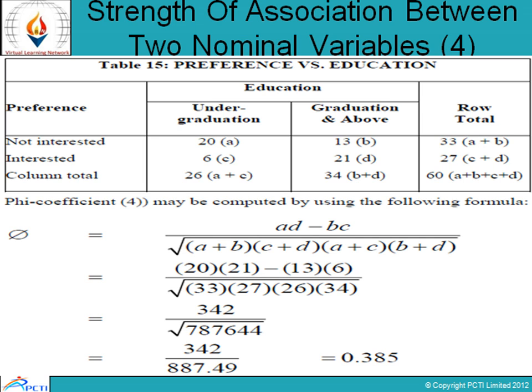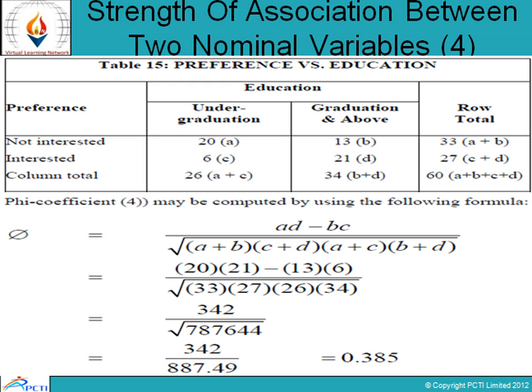Now in this 2 by 2 cross tabulation table, which corresponds to hypothesis number 1, we wish to examine the strength of association between preference for the new design and education level. For the sake of convenience, the data is reproduced like this.